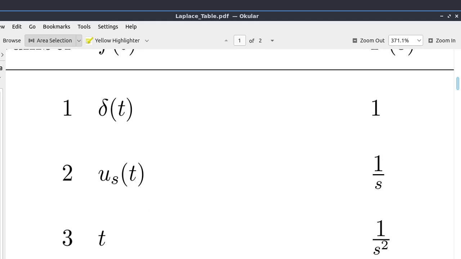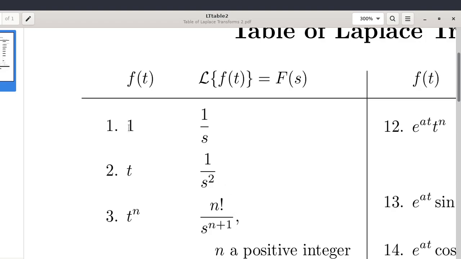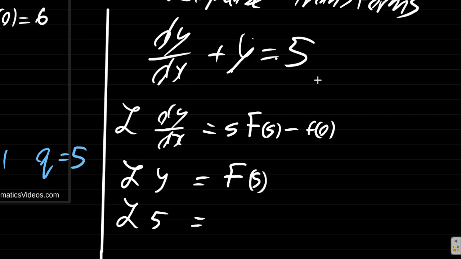So the Laplace transform of 1 is 1 over s. So the Laplace transform of 5 would be like 5 times 1. So it's 5 by 1 over s, so it's 5 over s, right? So in this case, you have 5 over s.